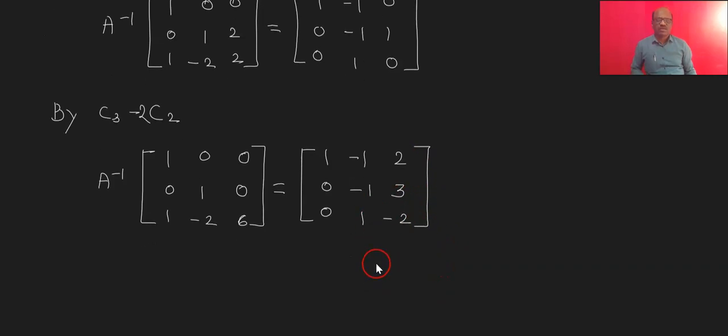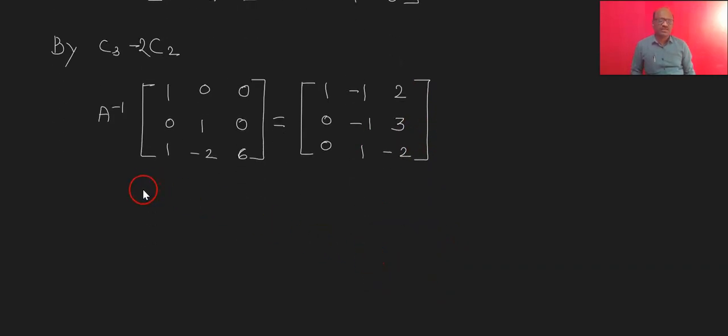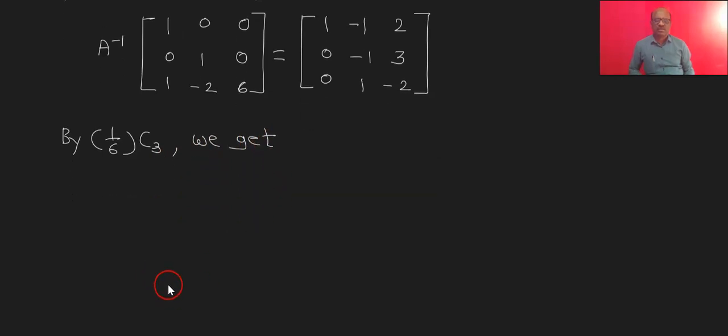Now the next operation is, first of all, make this element a 1 by 1 upon 6 C3, and we get the A inverse.